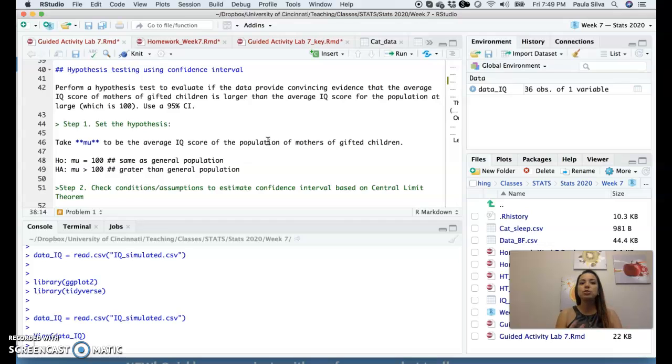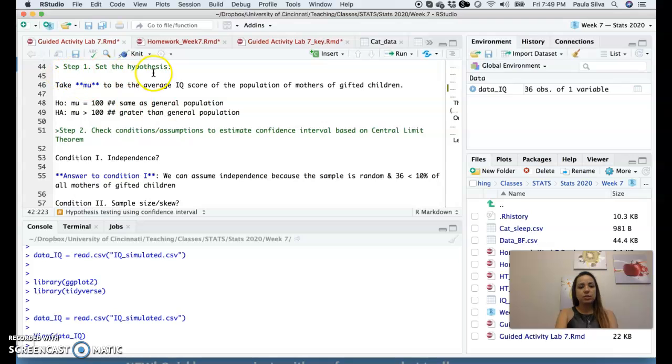So here's what we're going to do: use confidence intervals to perform a hypothesis test. This hypothesis test is to evaluate if the data provide convincing evidence that the average IQ of mothers of gifted children is larger than the average IQ score for the population at large, which is 100. So we're going to use a 90% confidence interval to test this hypothesis.